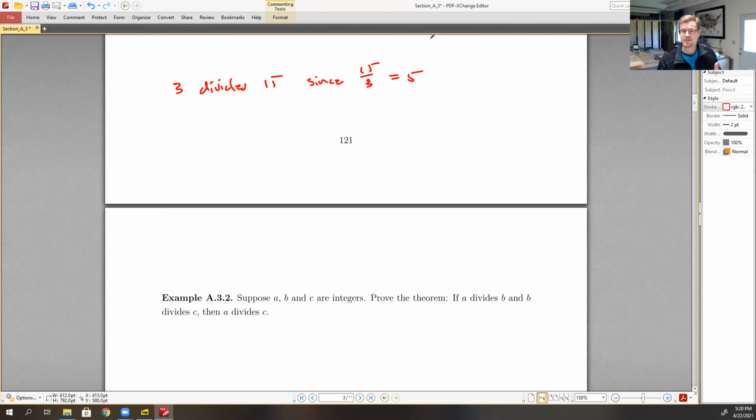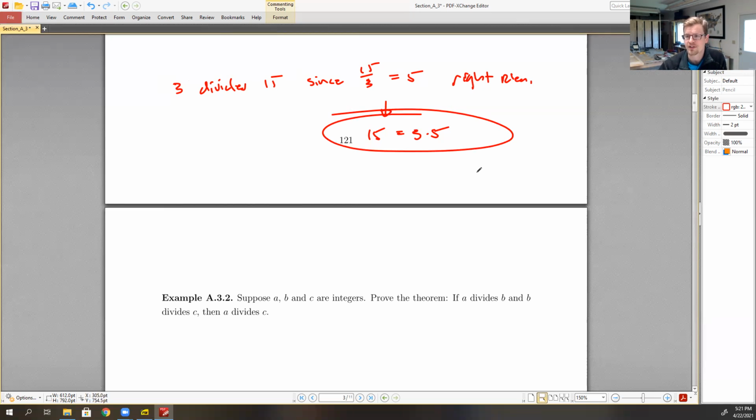Since 15 divided by 3 is an integer, we would say that 3 divides 15. And this is the right idea. However, the definition is rather 15 is equal to 3 times 5. So we know that 3 divides 15, since 15 can be written as a multiple of 3. That is the definition of divides.